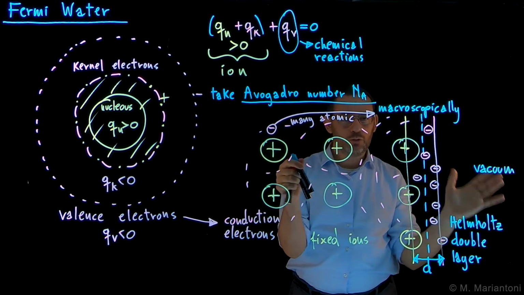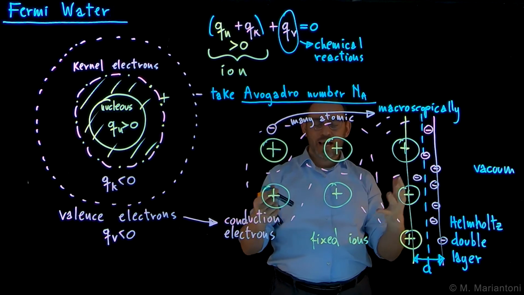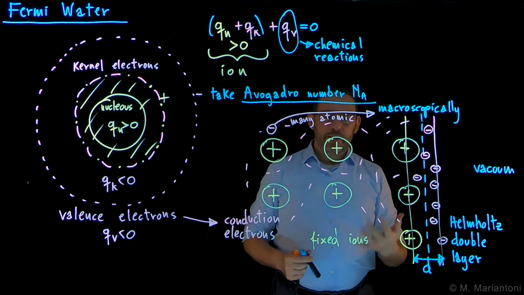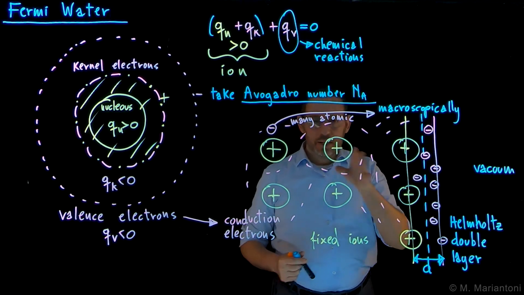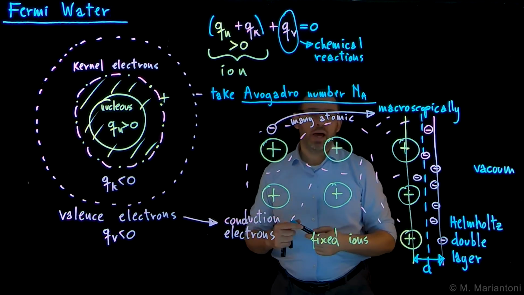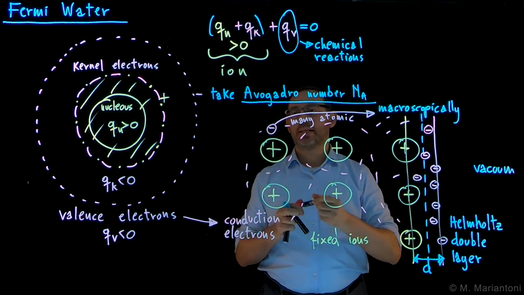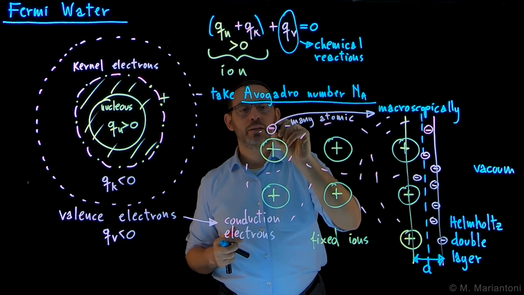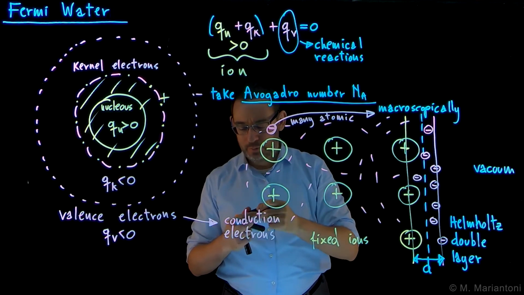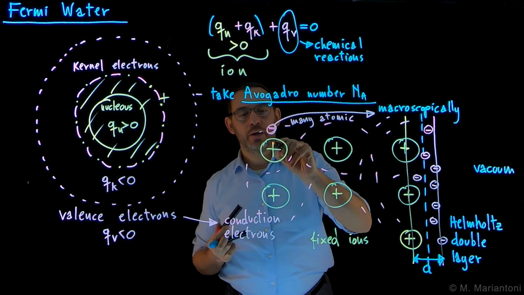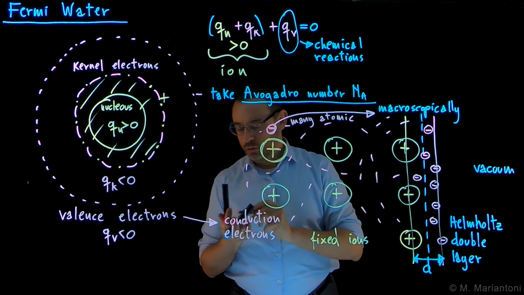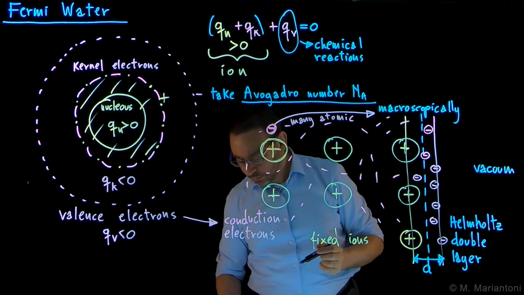Before concluding this video, now that we know qualitatively that there is a double electrostatic layer which prevents this Fermi water from going outside the container, like a glass, what kind of interactions can we have within this metallic object? Well, it can happen that a negatively charged particle can interact with a positive ion. So there can be a collision of this type.